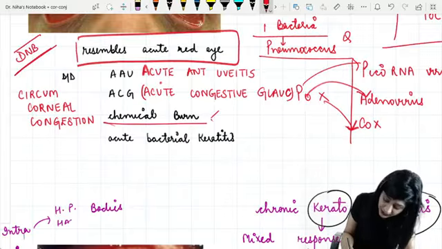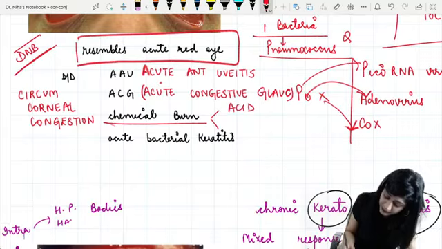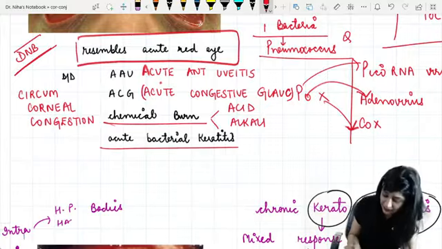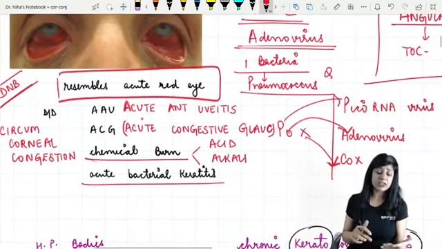The injury can be an acid burn or an alkali burn, okay? And then we can have acute bacterial keratitis. Very, very important DD.